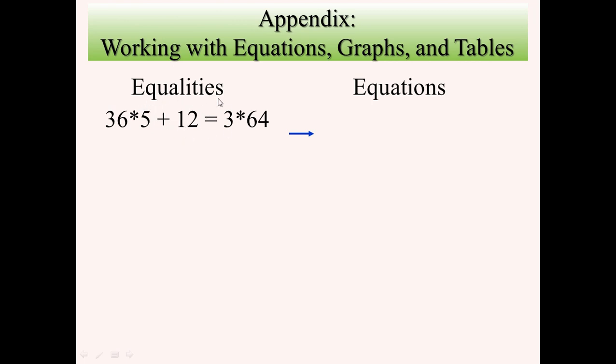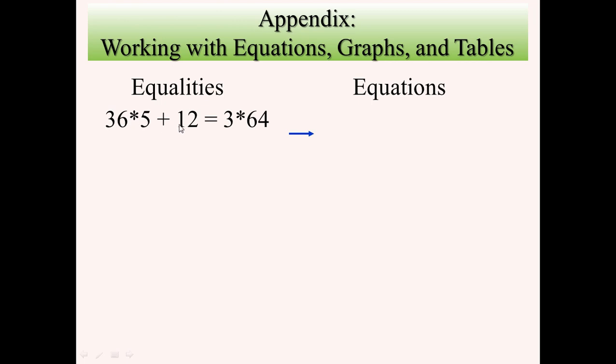This is what we call equality. Equality comes from the word equal. This is an equality expression or equality form. In this expression we have two sides as well, the left hand side and the right hand side, with an equal sign.